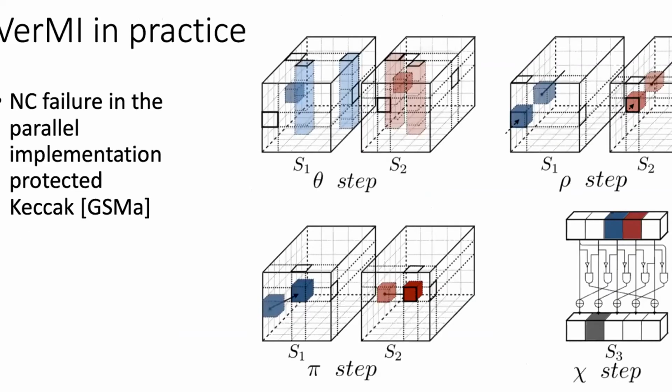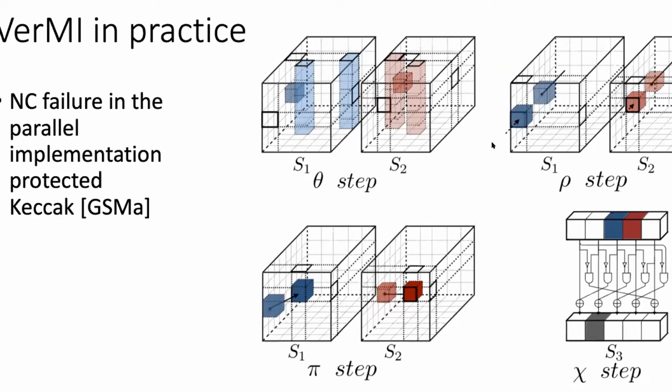When developing the tools, we performed some experiments on previous works' implementations. With Vermi, we were able to find a non-completeness failure in a full parallel implementation of a protected Keccak. Vermi evaluates the input dependencies of the outputs. So with the tree search, it gathers the input dependencies. For this example in particular, the tool found that all two shares for this output variable were used to compute it.